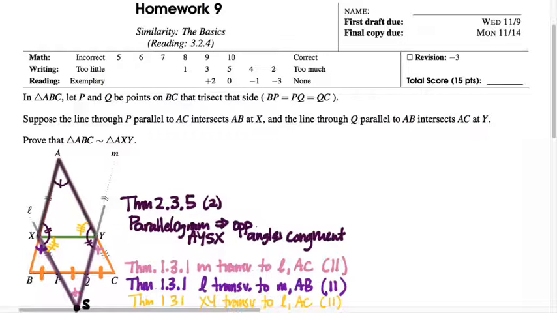And so that also means that AXY is congruent to SYX, right? The remainder of those angles must be the same because they both have to, in turn, add up to AXS. So this angle and this angle are congruent.